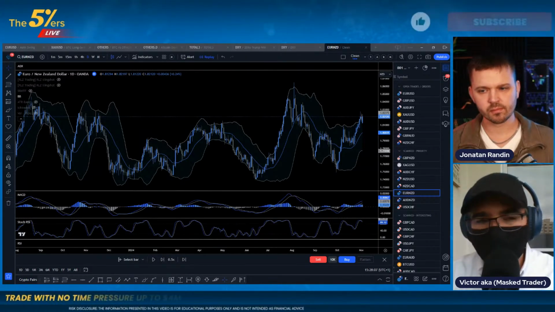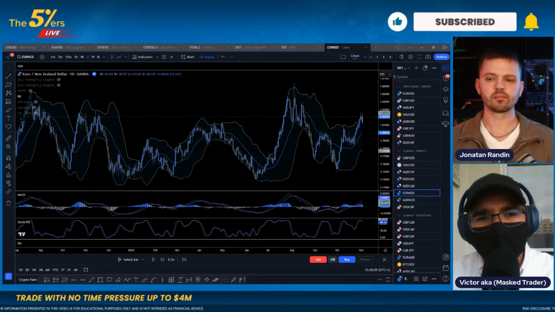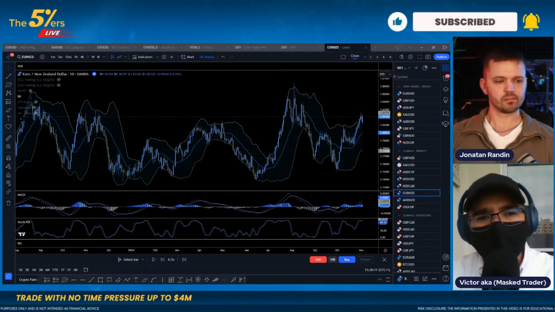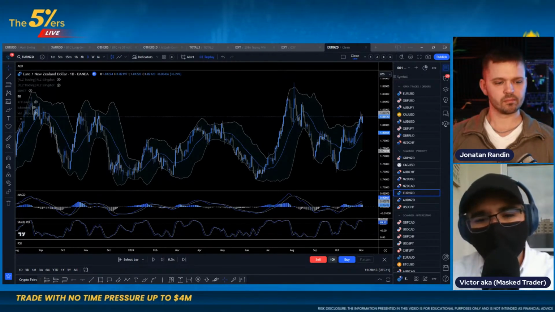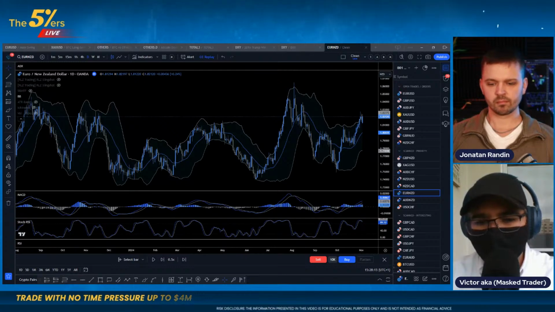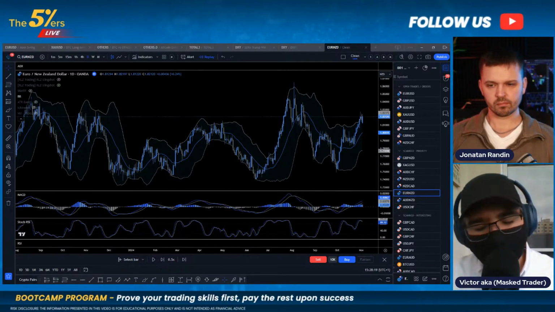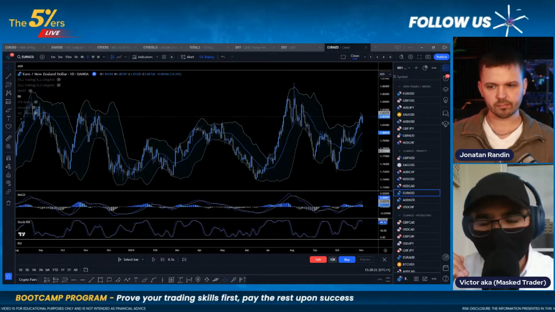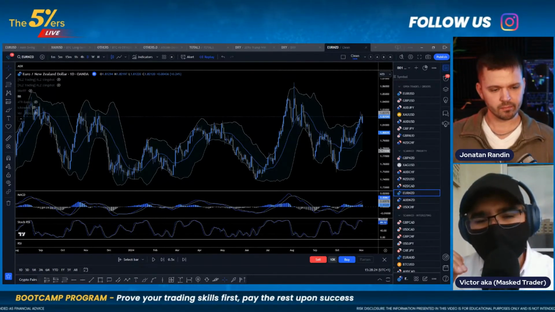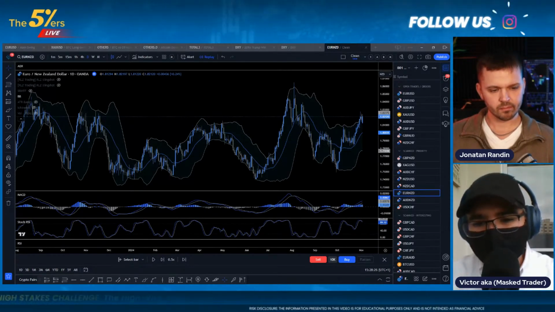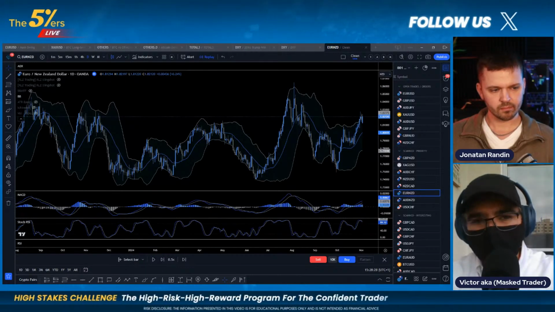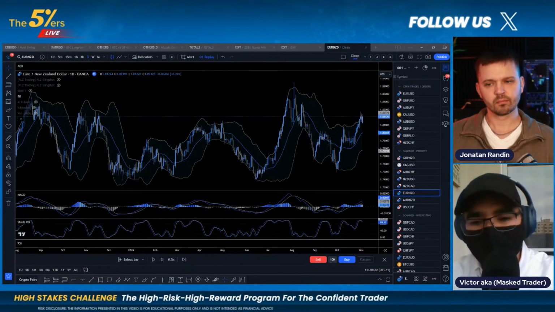One of the things you could do is measure, for example, the slope of the bands, right? I know it gets a little technical here, but the difference between the slope of the middle line and the slope of the Bollinger Bands, right?